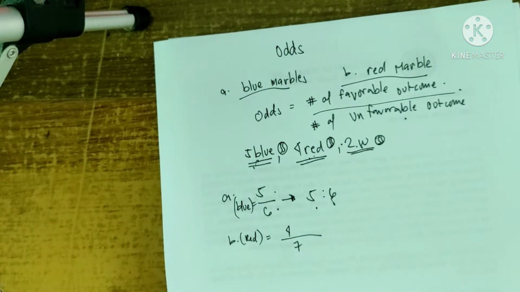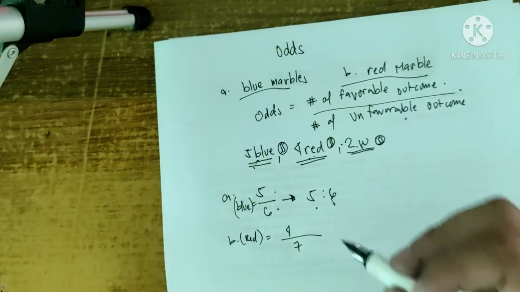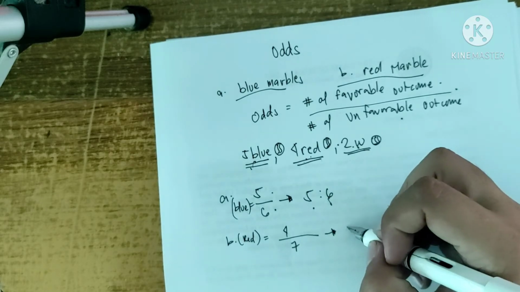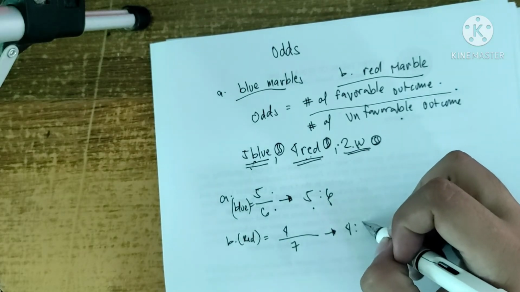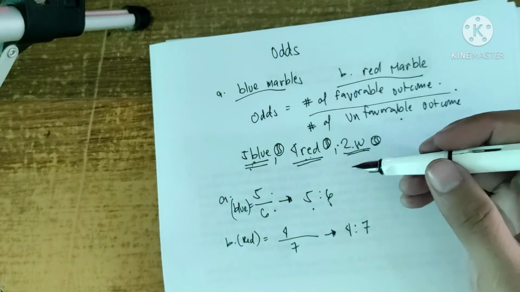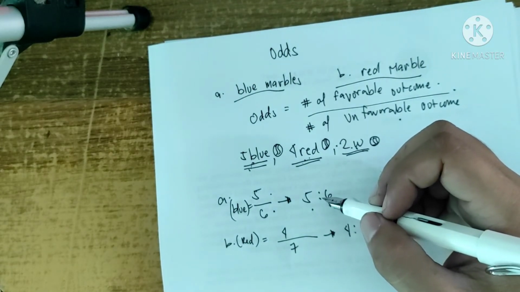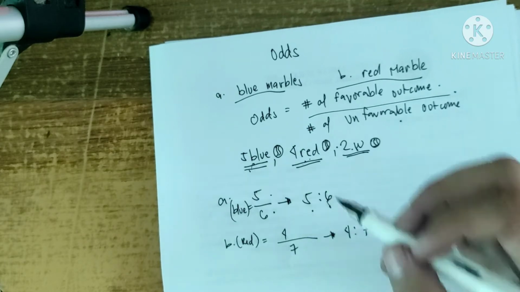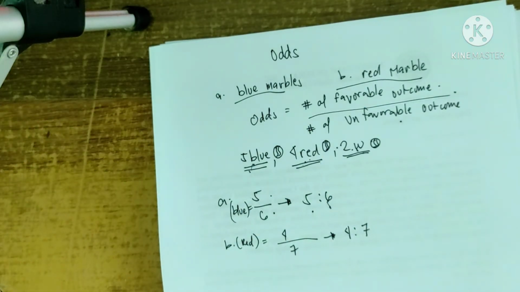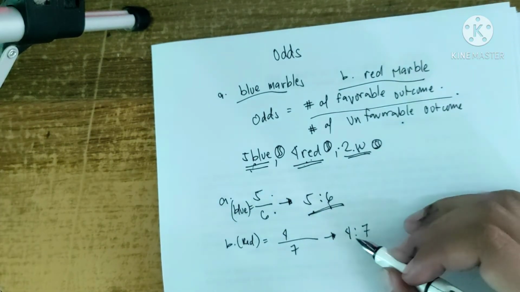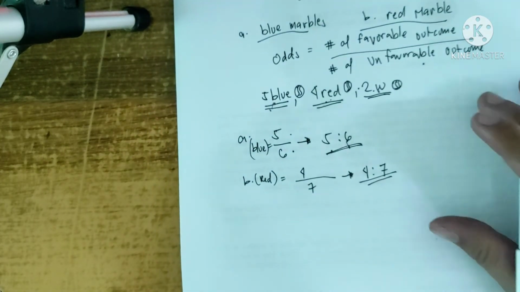So, you have an odd of choosing a red marble, which is 4 over 7. Or, in ratio form, we have 4 is to 7. So, yung sa mga hindi nakakaalam, itong dalawang tuldok na to is tinatawag na is to. Okay? Or pag pronounce yan is to. 4 is to 7, 5 is to 4. Hindi yan sa orasan. Okay? So, ito yung pag-denote natin sa odds.